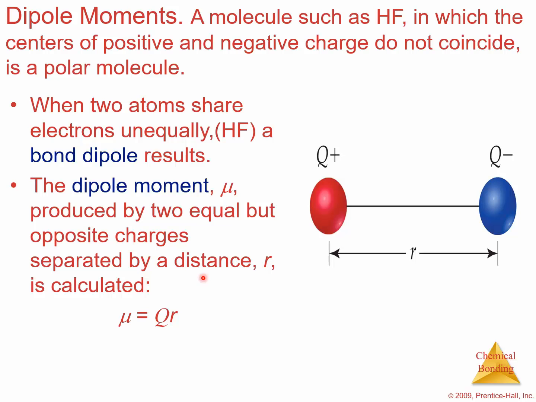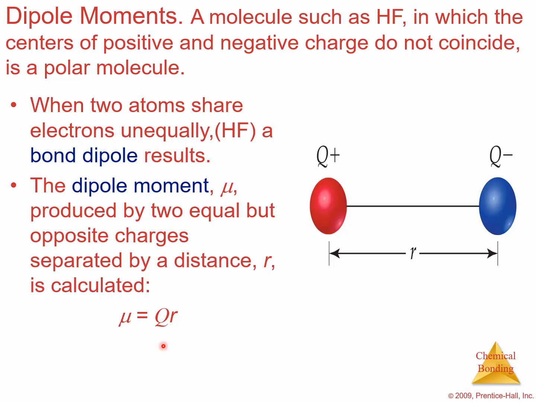How can we quantify the polarity of a molecule? Whenever two electrical charges of equal magnitude but opposite sign are separated by a distance, a dipole is established. The quantitative measure of the magnitude of a dipole is called the dipole moment, denoted mu, produced by two equal but opposite charges separated by a distance r, and is calculated by this law: mu = qr.